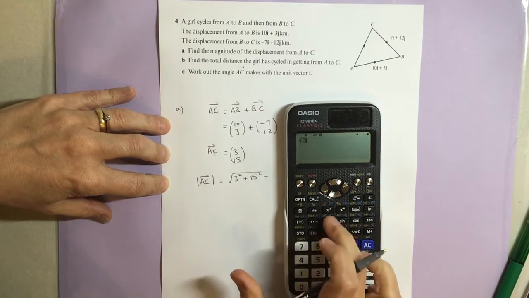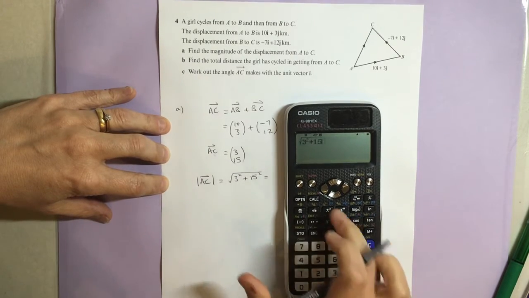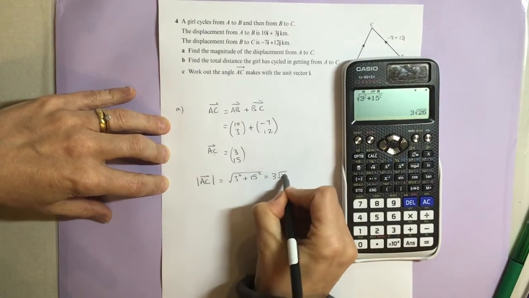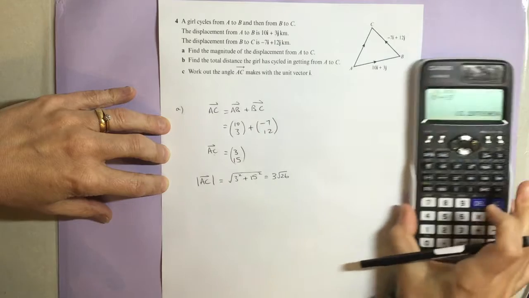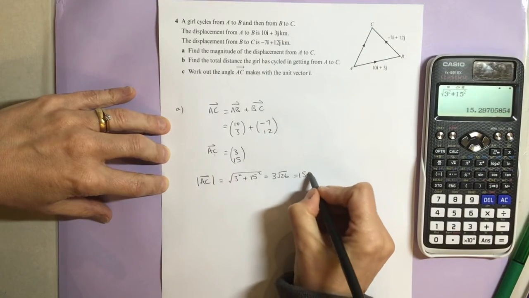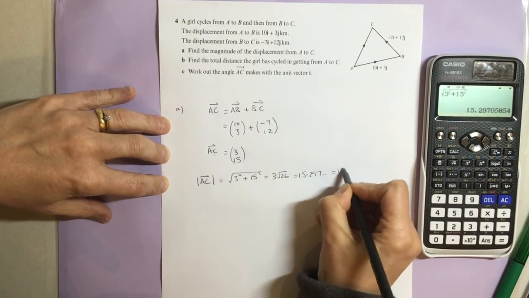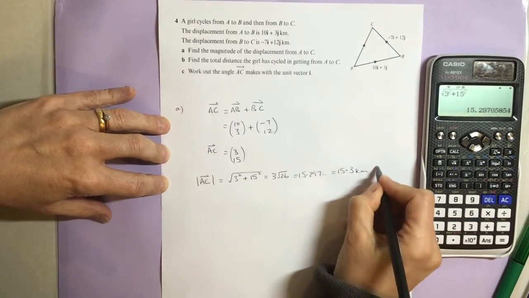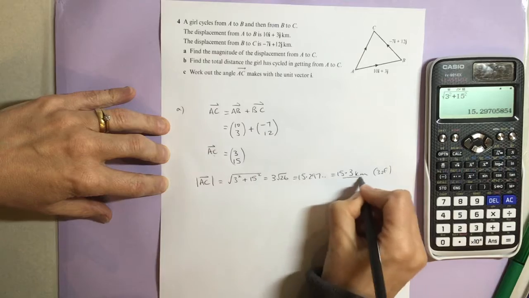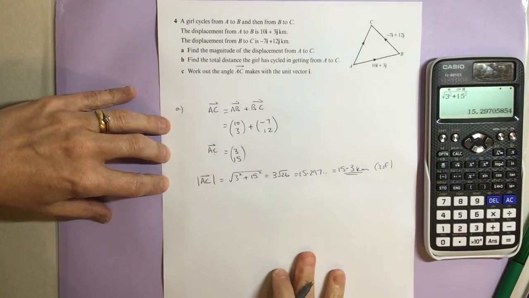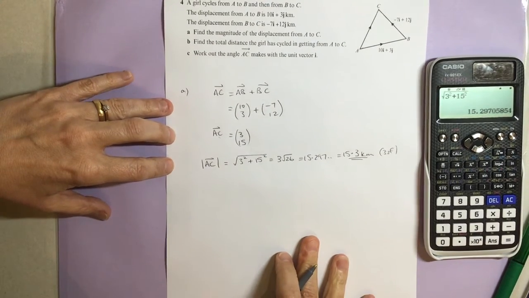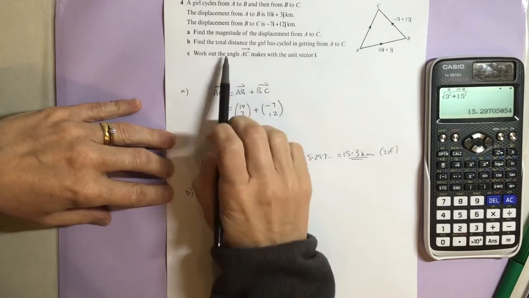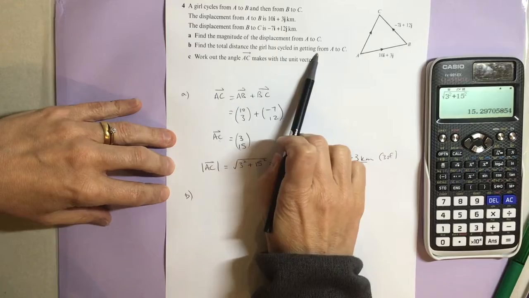Square root of 3 squared plus 15 squared, 3 root 26, 15.297, so 15.3 kilometres this time to 3SF. Okay, let's have a look at part B. I'm just going to move that up slightly. Part B then. The total distance the girl has cycled to get from A to C.